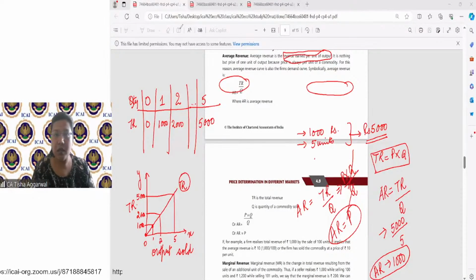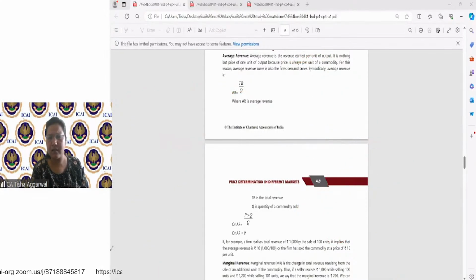Let me check the question link also. Meanwhile, you can revise up till here and then we will start with marginal revenue. I would request you all to revise up till here and then we will go ahead. Meanwhile, let me check the query box.